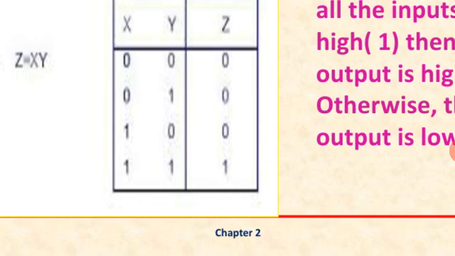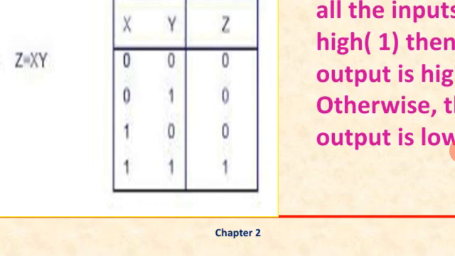If any one value is high, suppose I take the second case, X value is 0 and Y value as 1. Any one value is high, then also output is low only.